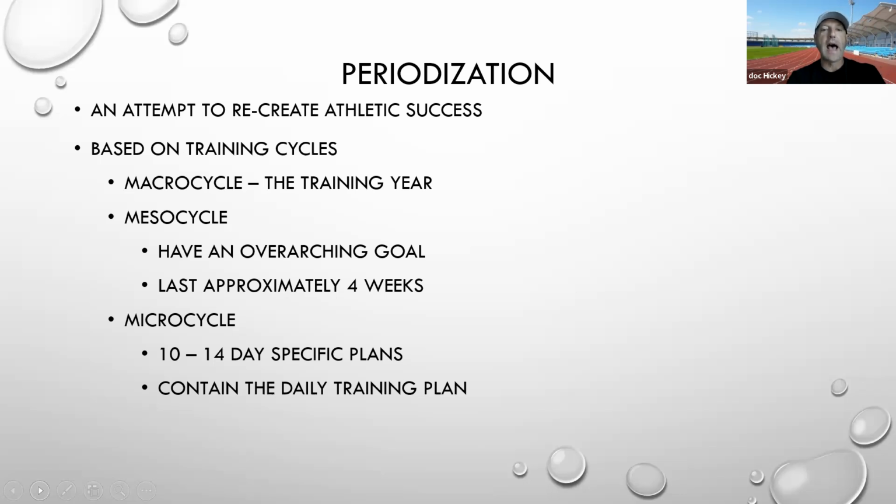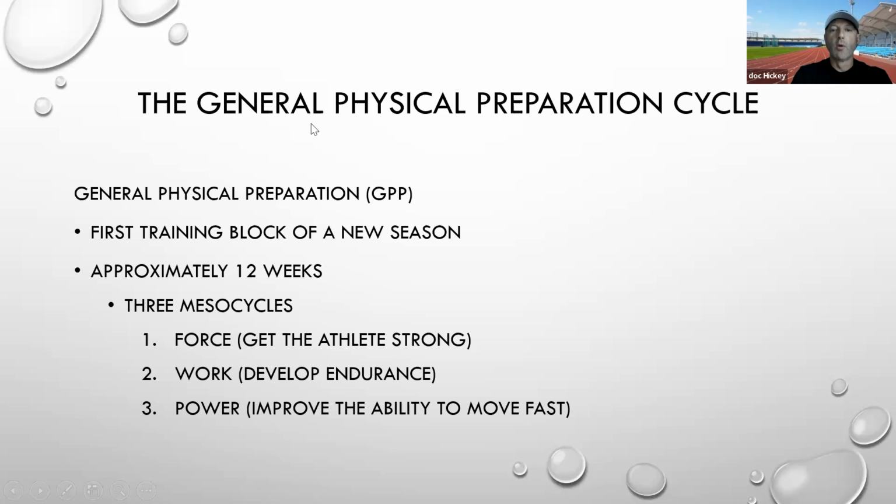So what we're going to do is look at 3 mesocycles. I lump them together and I call them GPP, general physical preparation. So here with our GPP cycle, like I talked about at the Cuse, this is how we would do it: the GPP would run from July, August, and September.